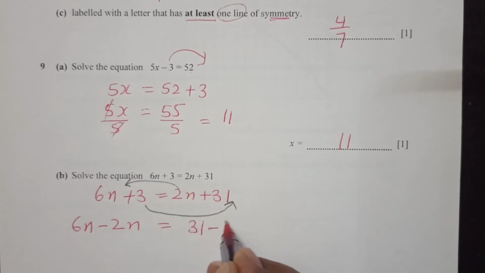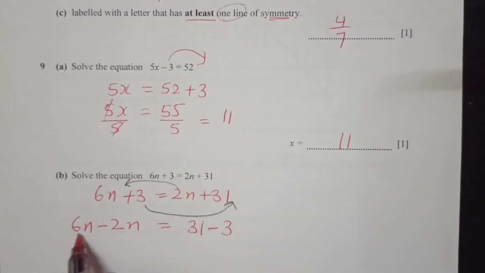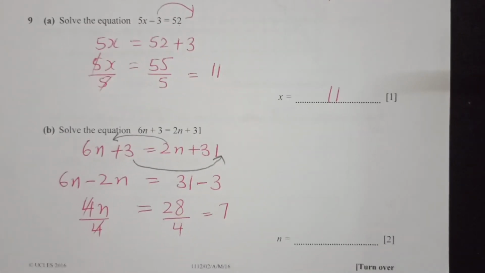Shift 3 to the other side, it will be minus 3. 6 minus 2 is 4n. 31 minus 3 is 28. Divide by 4 and divide by 4. This is gone. This is 28 divided by 4. It is 7. So the final answer is, the value of n is 7.